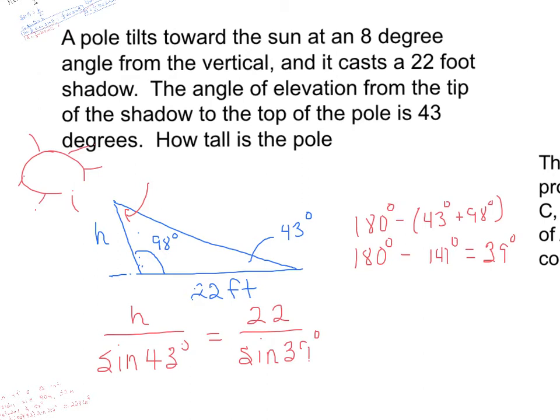If we multiply 22 times the sine of 43 and then divide by the sine of 39, we find that the length of the pole is approximately 23.84 feet. Okay, anytime you're doing an application problem, if they give you units of measure, be sure that you use your units of measure.